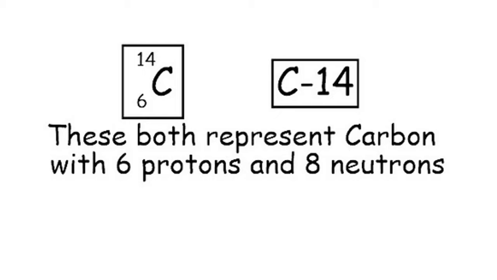Well, if the atomic number is 6 and the atomic mass is 14, 14 minus 6 means we have 8 neutrons. There are 14 subatomic particles in the nucleus. 6 of them are protons, therefore the remaining 8 must be neutrons. Carbon-14 is a fairly common isotope of carbon, and it's in all living things.